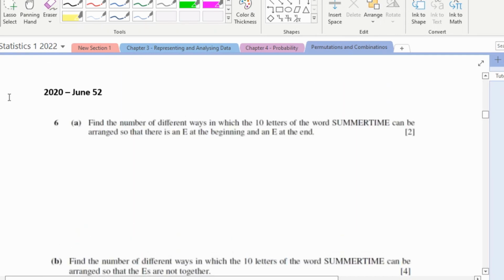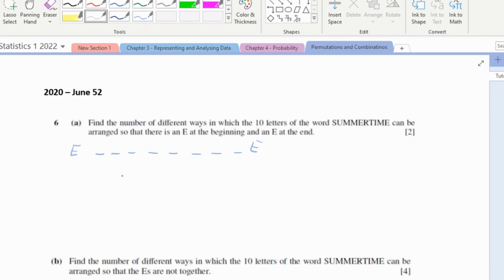June 5.2, summertime. Okay, we need an E at the end and an E at the beginning, just because. Why not? And then that means we've got 1, 2, 3, 4, 5, 6, 7, 8, and then we've got an E at the end.